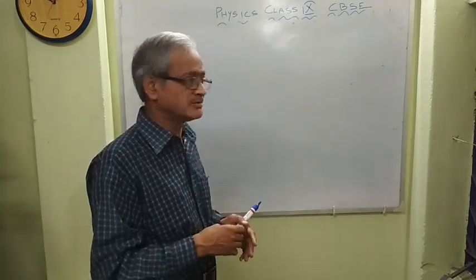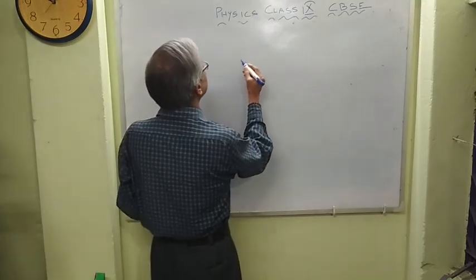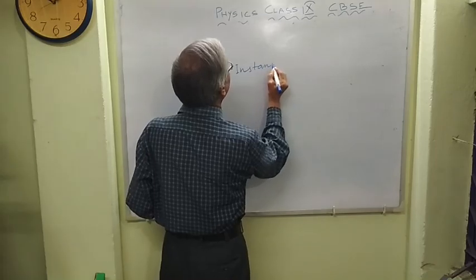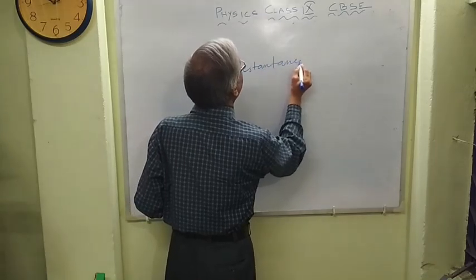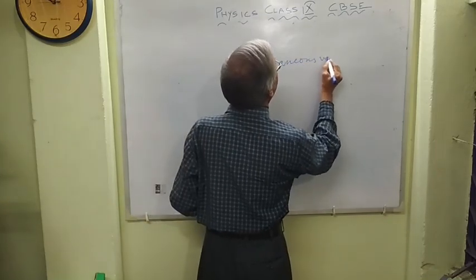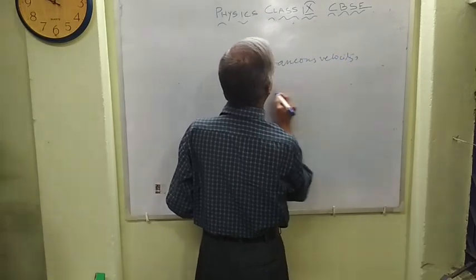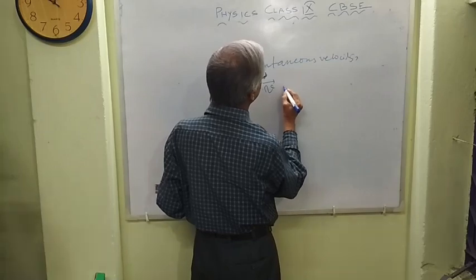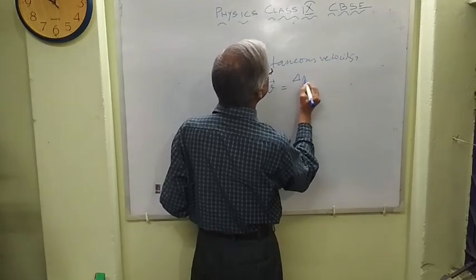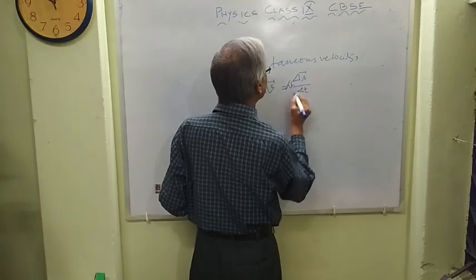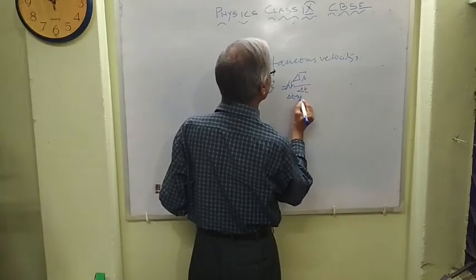small amounts. That is, instantaneous velocity V equal to delta S by delta T, with time delta T tends to zero.